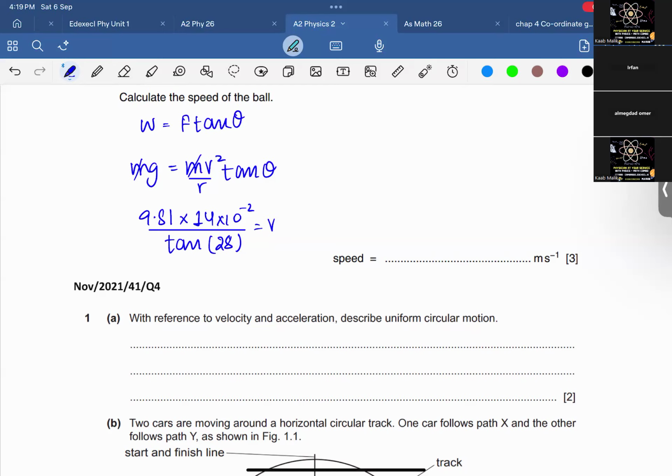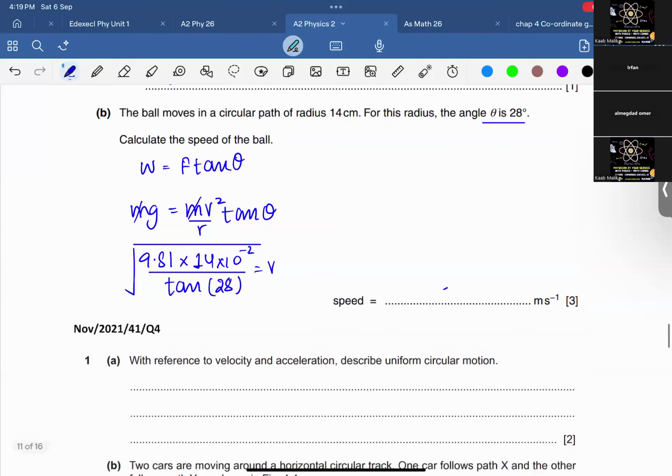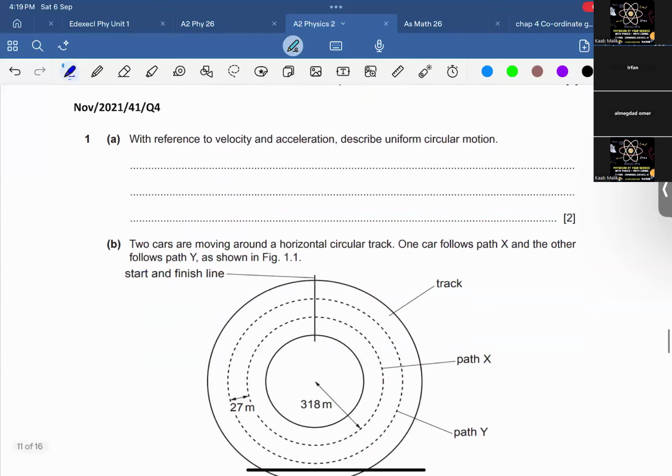I think we have to square root it. You have to root it. Okay, so you should get 1.6. Very good. Okay, let's move on.